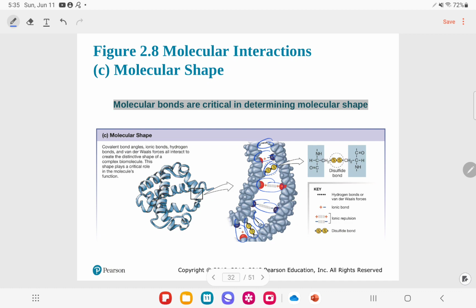The covalent bond angles, the ionic bonds, the hydrogen bonds, and van der Waals forces all interact to create a distinctive shape of a complex biomolecule. And we know that shape equals function. The shape plays a critical role in a molecule's function. Remember, shape equals function. Can't stress that enough.